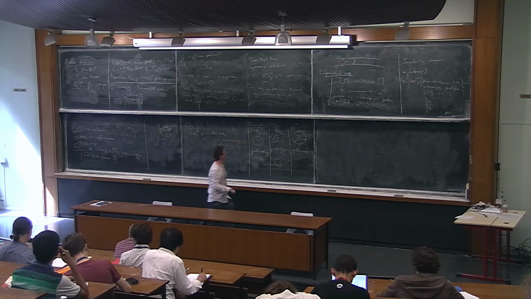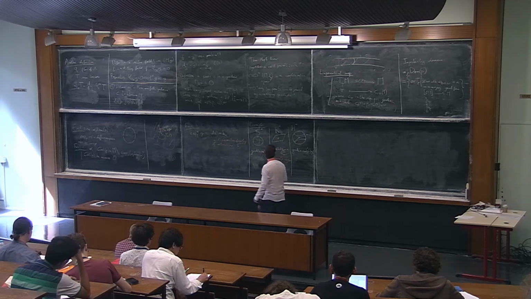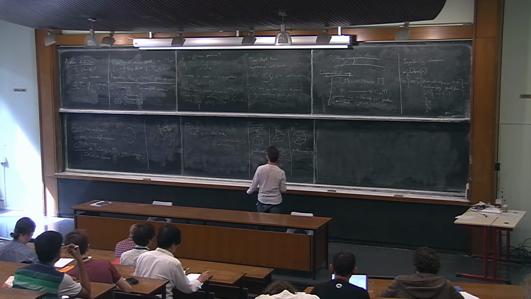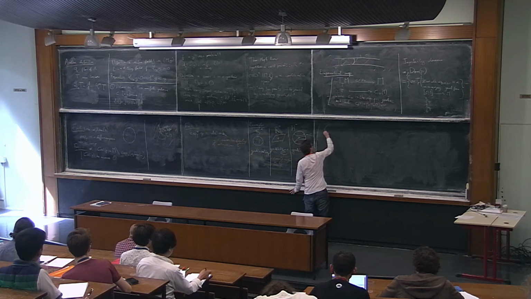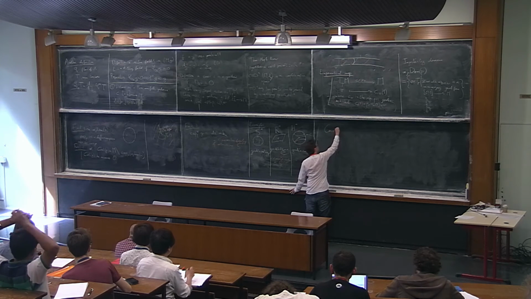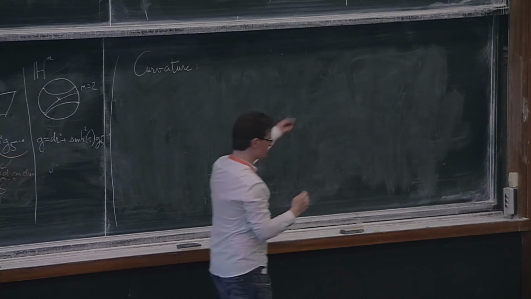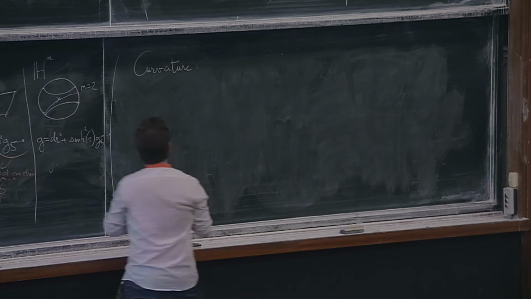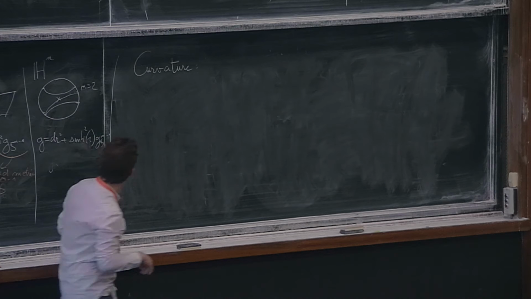But anyway, let's see. Well, okay. So now let's come at least to one of the parts of the title, curvature. Let us first write some big formulas and then tell you what it's about and why it's important.